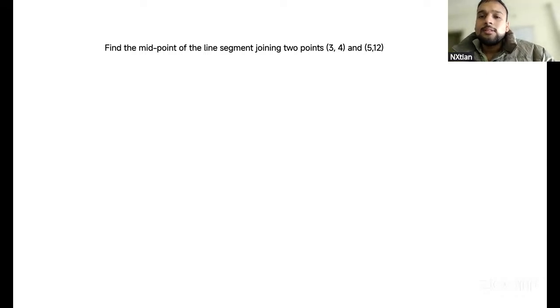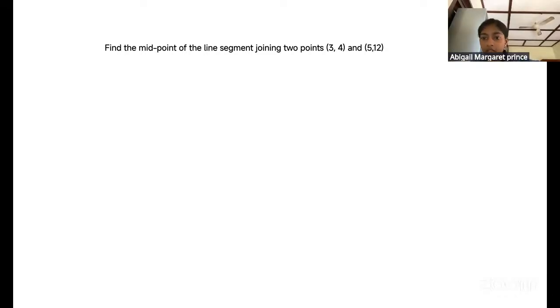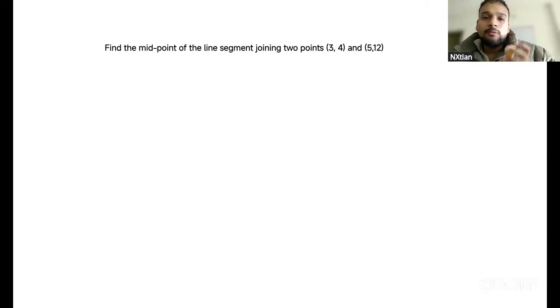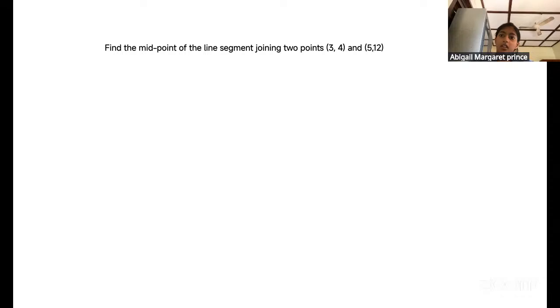The difference is that it is the midpoint and the ratio is 1:1, so the formula is fixed: x1 plus x2 by 2, y1 plus y2 by 2. That's why it becomes the midpoint formula. Otherwise, you can solve it with the section formula also, no problem. Okay, sir, got it.